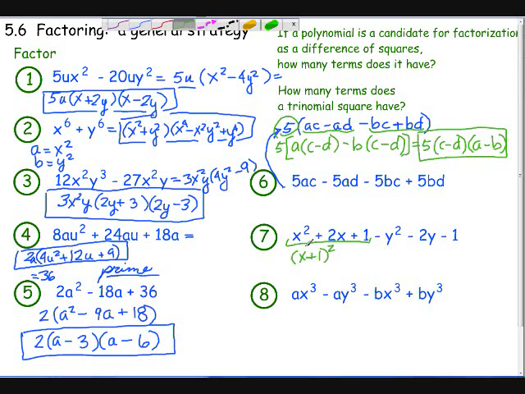That's the way all perfect square trinomials factor into a binomial squared. Then, if I factor out the negative 1, what will happen here? I'll have y squared plus 2y plus 1. True?